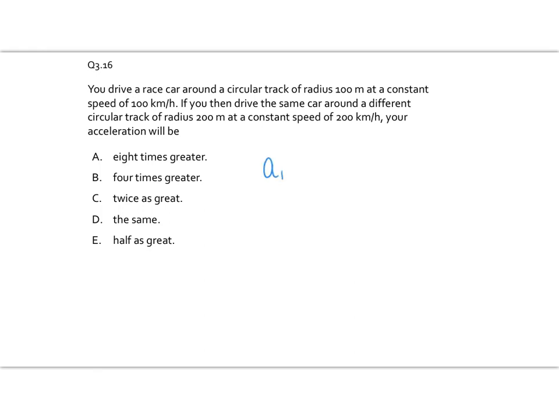So we can actually just work with these numbers as they are, in kilometers per hour, because we're using A as v squared over r. Because we're just trying to compare the two, we're not really doing a calculation, so we're just going to keep the speed in kilometers per hour, because it's going to be a little bit easier.